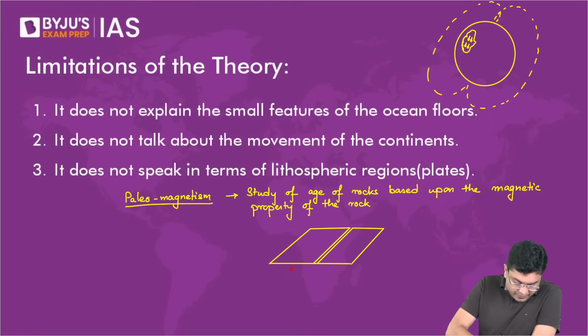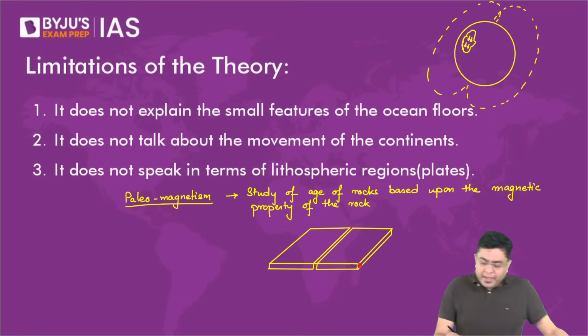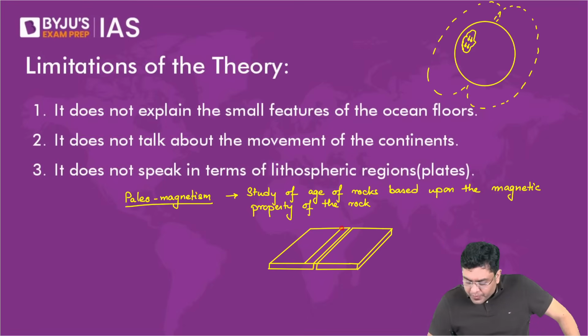Now, what he observed was that as you move away from the mid-oceanic ridge, you would observe rocks indicating different kinds of magnetic properties.